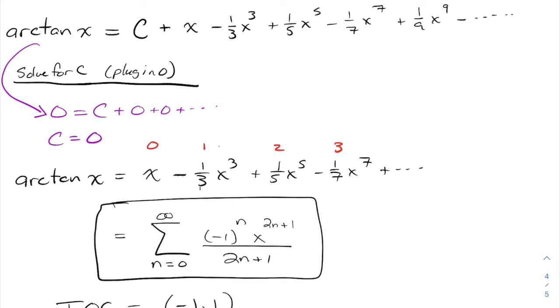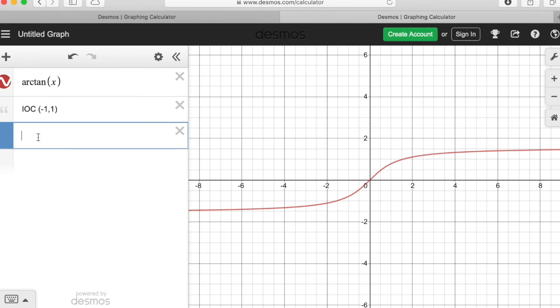So let's look at Desmos and see that this series, when we plot it, actually gives us the same function as arctan when we look between negative 1 and 1. Okay, we got arctan graphed here. Now let's graph the sum that we just found. It's the sum, n goes from 0 to something big, of up top we've got -1 to the n, and then we've got x raised to the 2n plus 1.